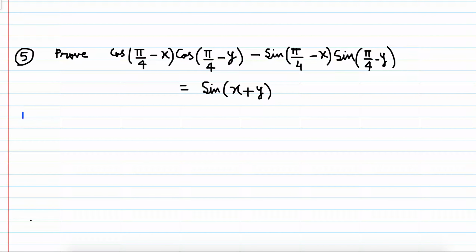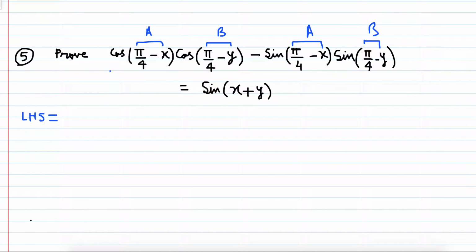So next, again we have to prove this. We see that the first angle is pi by 4 minus x, the second angle is pi by 4 minus y, and in the sine term also we are getting the same pair of angles A and B. So it is of the form cos A cos B minus sin A sin B, which is the formula for cos(A plus B).